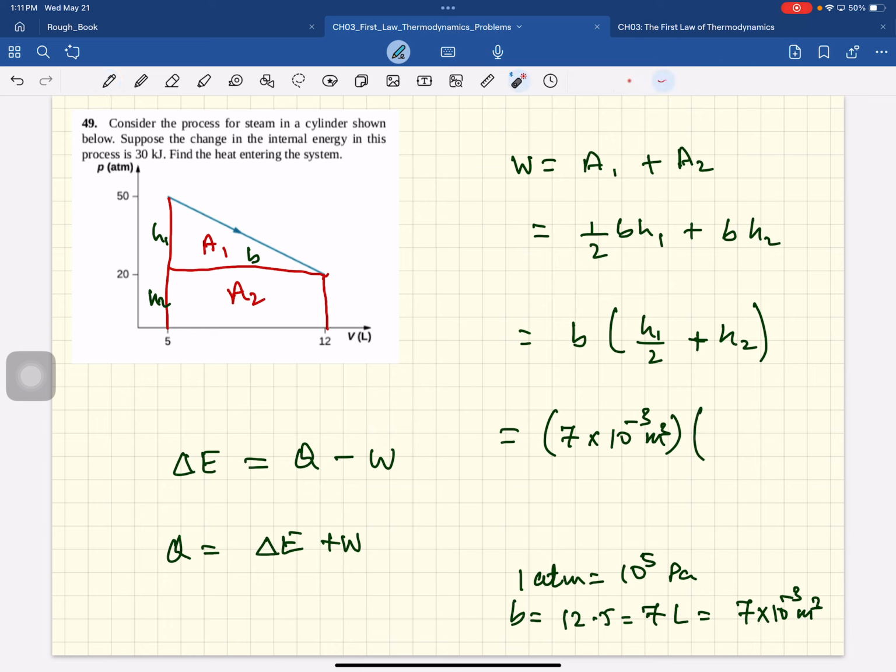Height 1 is 30 atmospheres, height 2 is 20 atmospheres. So this works out to 10 to the, that's 100. So 700 times 20 plus 15, 35 joules.